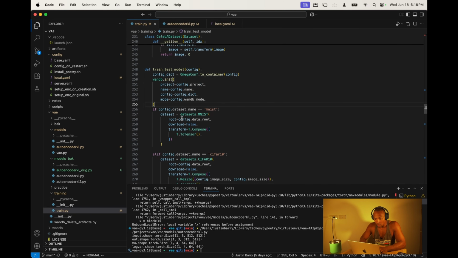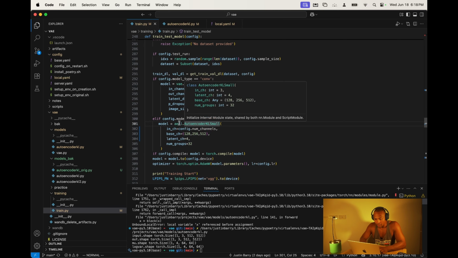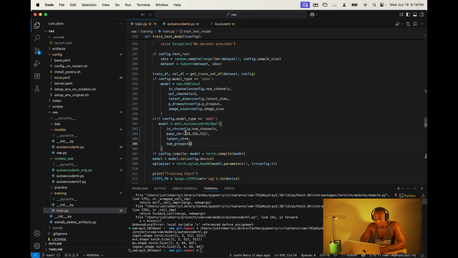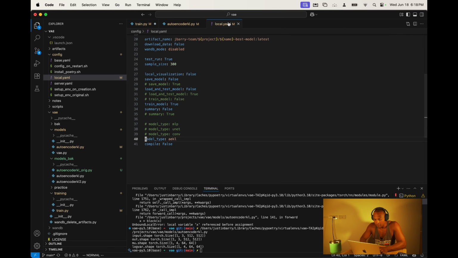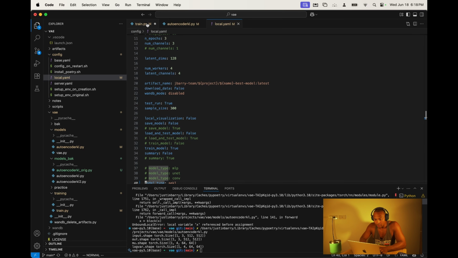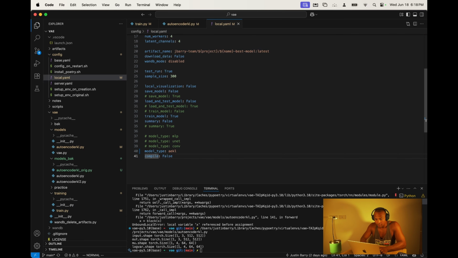If we train the model, we're just going to let it train here really quickly. It's referencing this, I'm just calling it here. Config.latent channels is 4. Num groups is 32. I'll add that too.